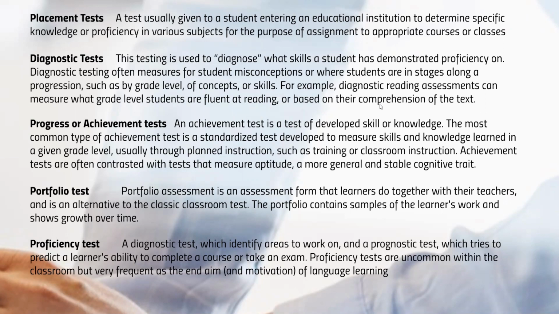Then we have the portfolio test. Portfolio assessment is an assessment that learners do together with their teacher and is an alternative to classic classroom tests. The portfolio contains samples of the learner's work and shows growth over time.